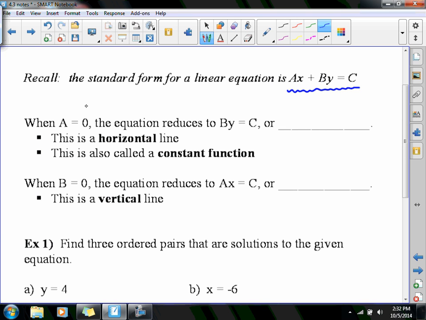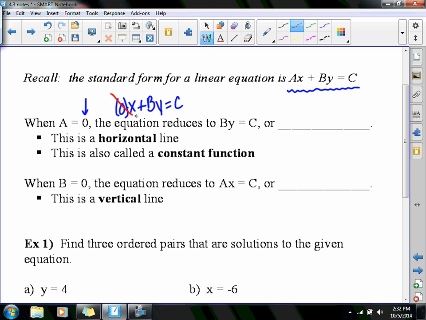So if you substituted in the number 0 for a, then that whole ax term would go away. Because if you put 0 in the spot where the a is, let me rewrite that. You would have 0 times x, and 0 times x is just going to be 0.